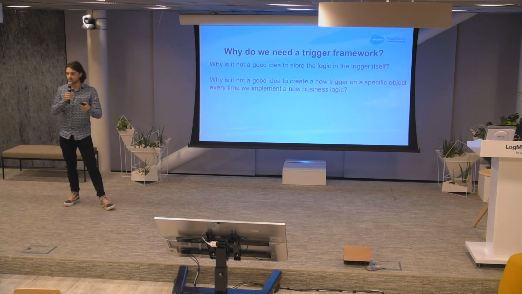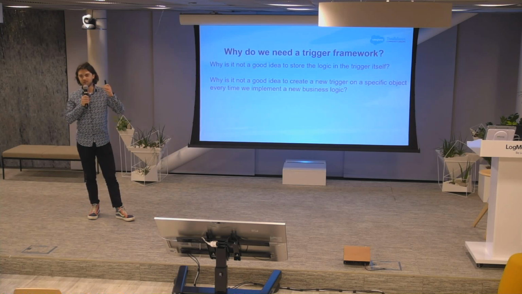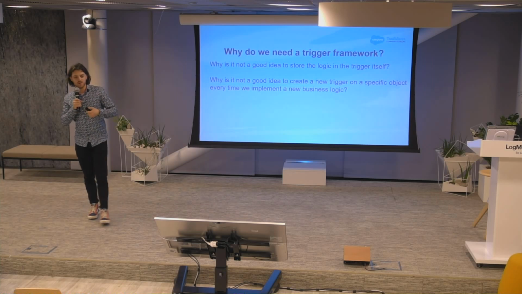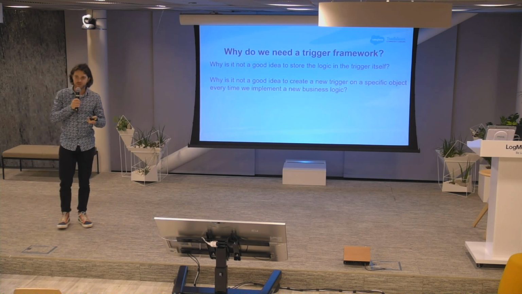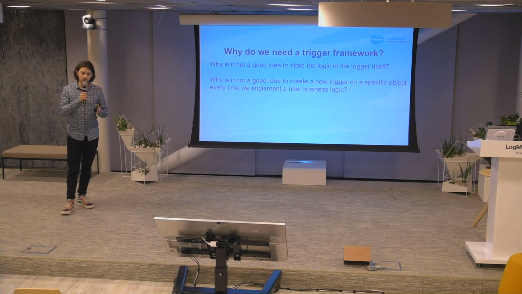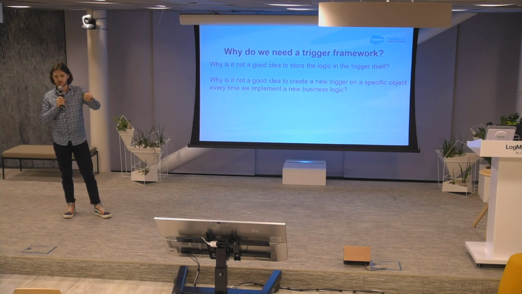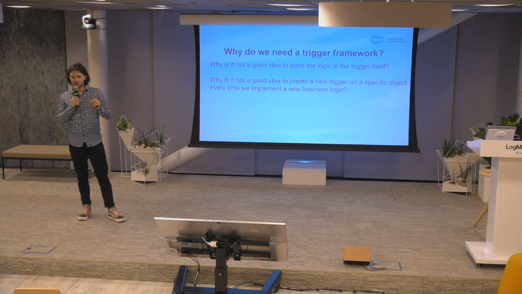Who knows what happens if we are creating a record in the system? I mean, we have flows, workflows, process builders, validation rules, and it's a pretty long sequence, I think around 18 or 20 steps from the creation until the record is committed to the database. And a trigger is just a small part of it.